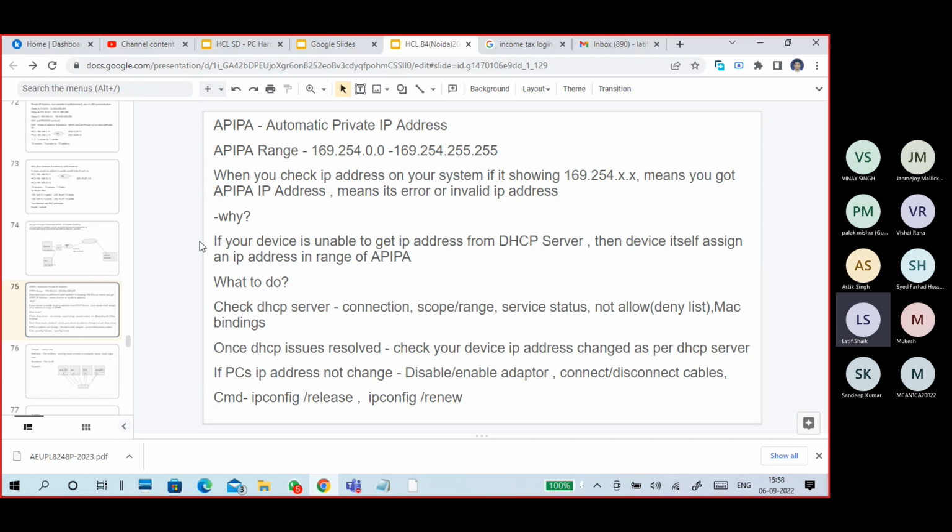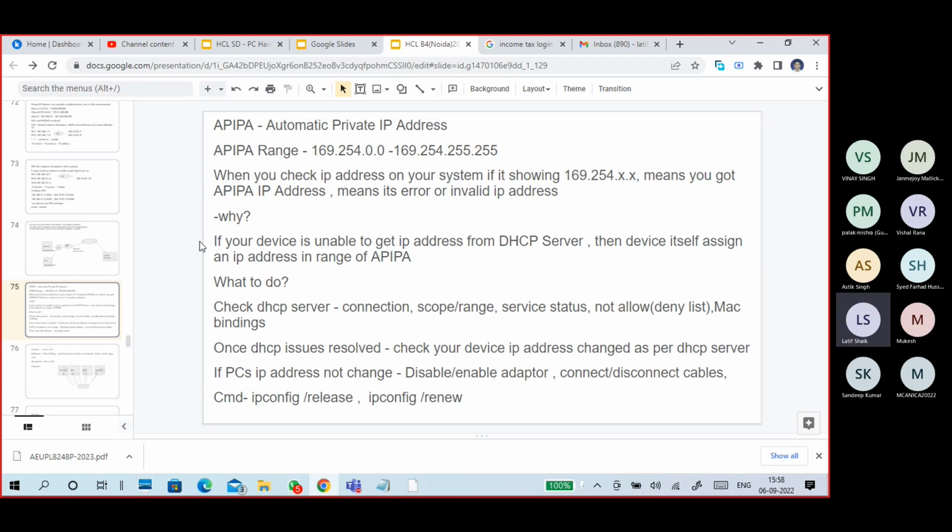So this is called APIPA, guys, Automatic Private IP Addressing. When you see an adapter with 169.254, it means it's an error. If you are unable to get an IP address from DHCP, the system itself assigns an IP address in the APIPA range.